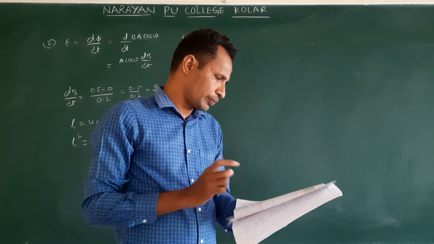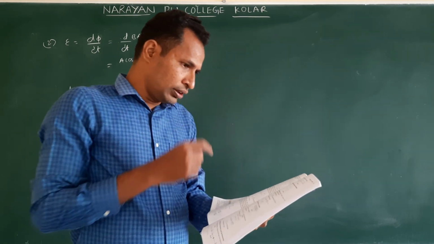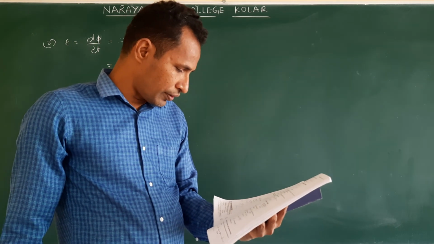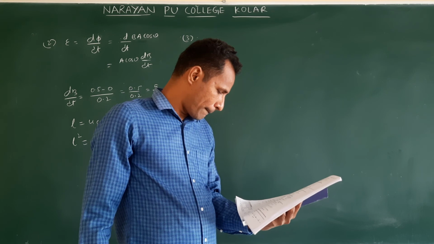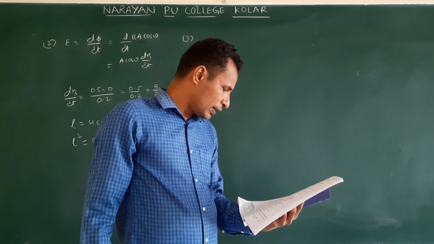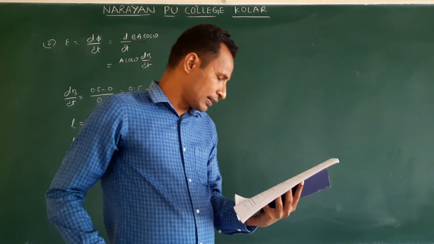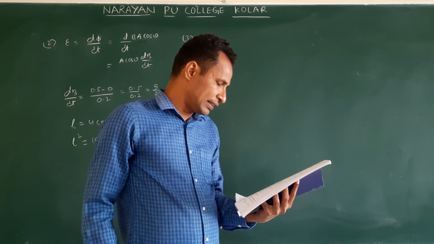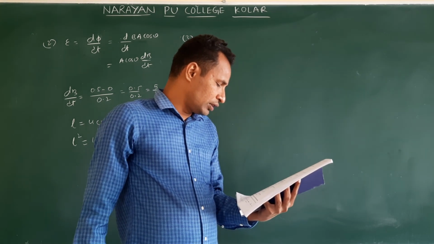Next. That's over. And the fourth one. A straight conductor carrying a current I and a loop closed by a sliding connector of resistance R lie in the same plane as shown in the figure.